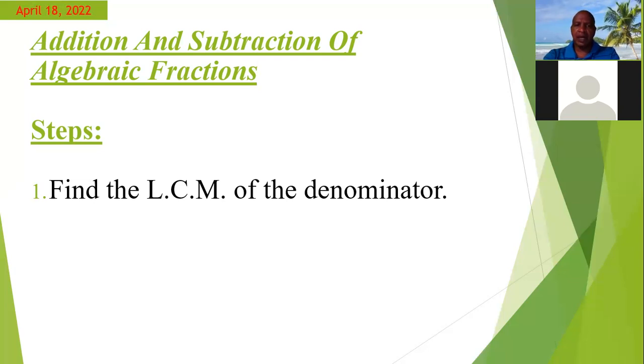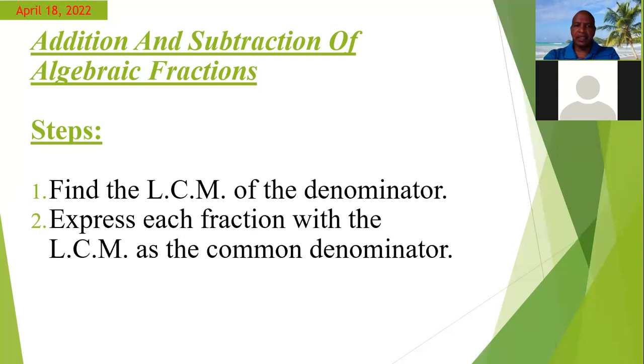So I hope you will bear in mind that you don't get the two confused. You must have a clear understanding of how to find HCF as opposed to how to find LCM. All right, so finding the LCM is one of the first things if the denominators are not the same. Now, the second thing, you are to express each fraction with the LCM as a common denominator.